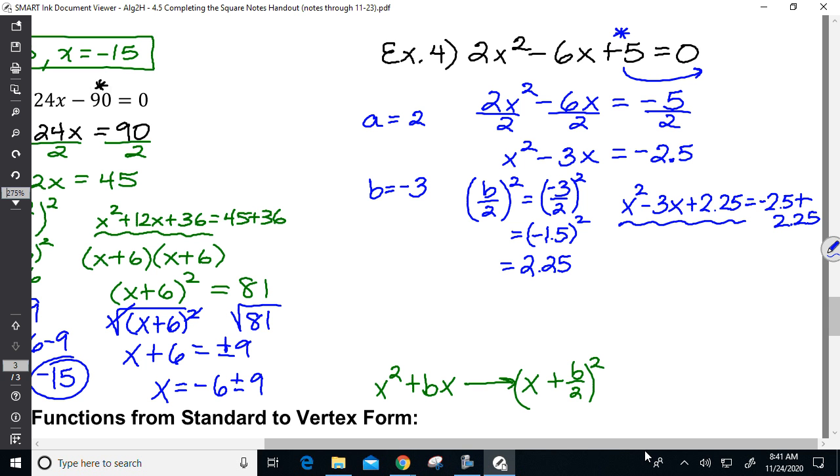So the left-hand side, b was equal to negative 3. Negative 3 divided by 2 is negative 1.5. X minus 1.5 squared equals negative 2.5 plus 2.25, which is negative 0.25.